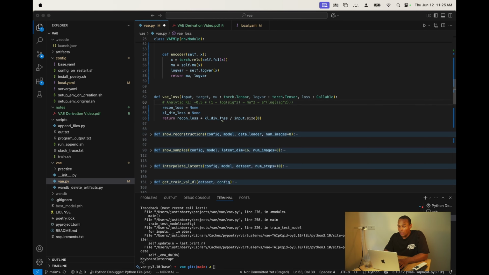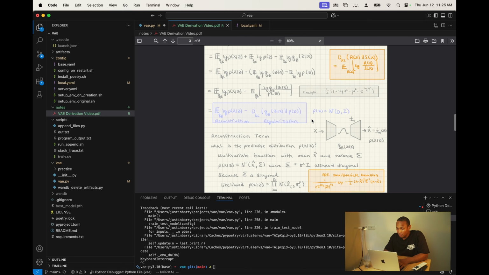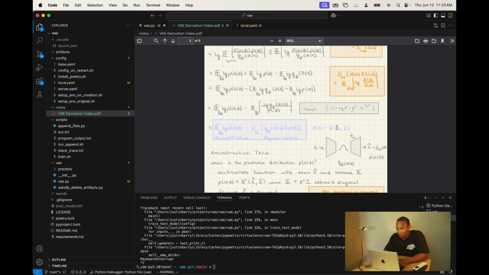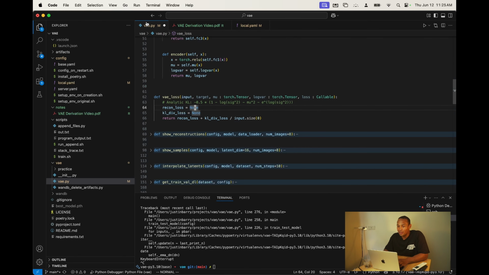So, for the reconstruction loss, we have this analytical form of KL. Actually, wait, no, the reconstruction loss is binary cross entropy. I don't have it in this derivation because I did the derivation for RGB, Gaussian PDFs. But in the Bernoulli case, the likelihood simplifies to binary cross entropy.